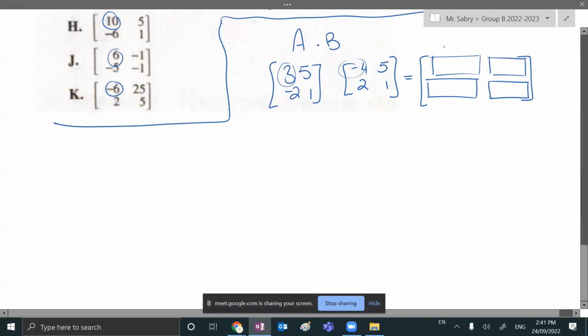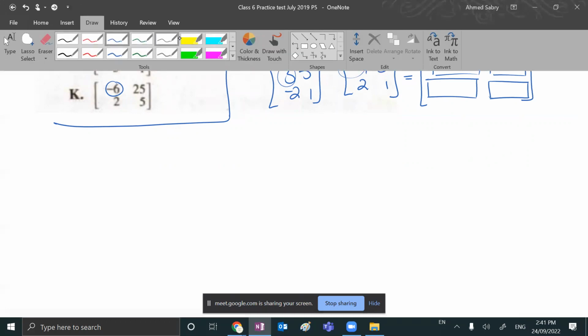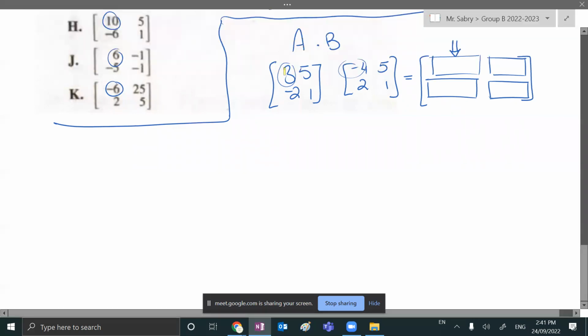So in order to get, let's say, the upper left element, the first matrix is responsible for the places up or down, while the second matrix is responsible for the movement right or left. What do I mean by that?